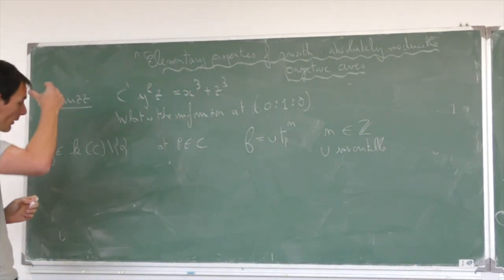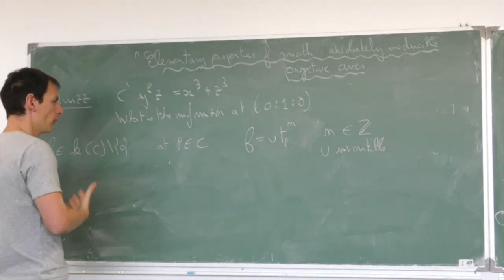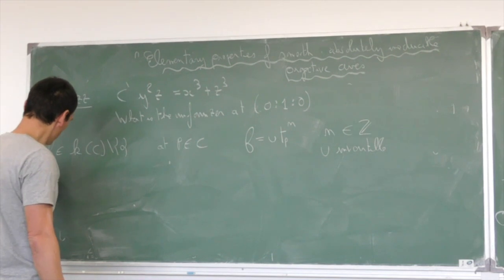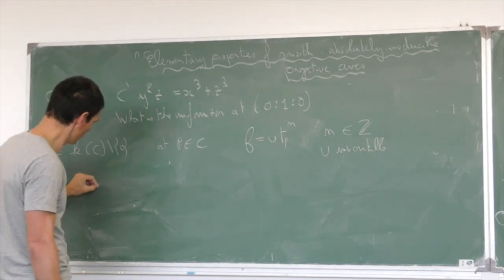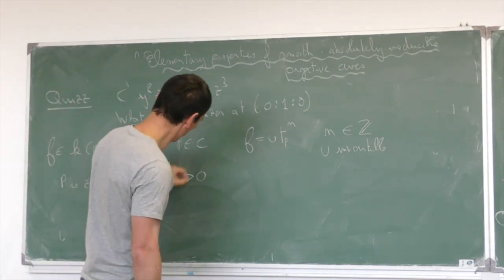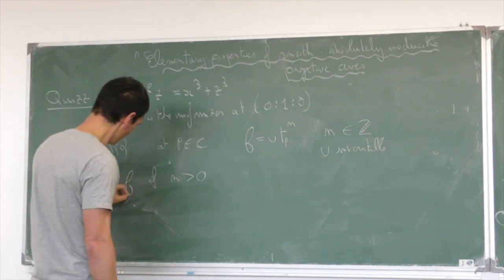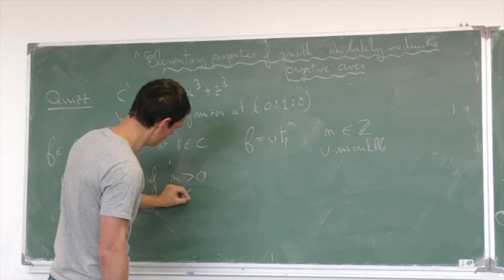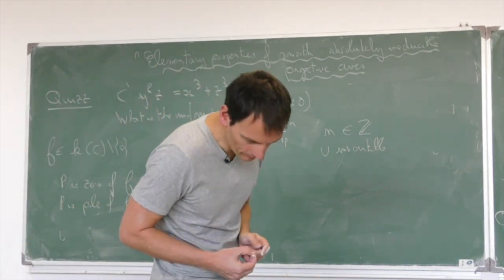And thanks to that, I'm going to define the notion of zeros and poles. So P is going to be a zero of f if n is positive, and P is going to be a pole of f if n is negative. OK?